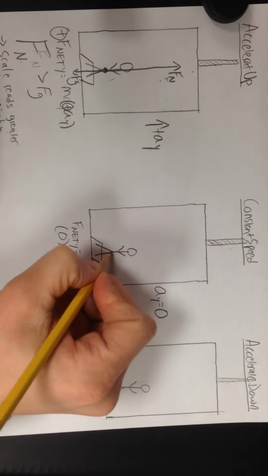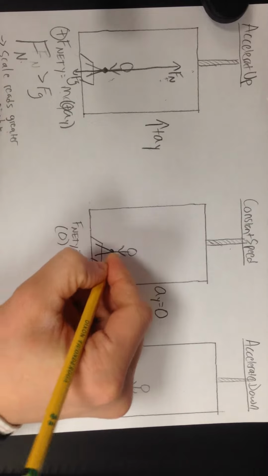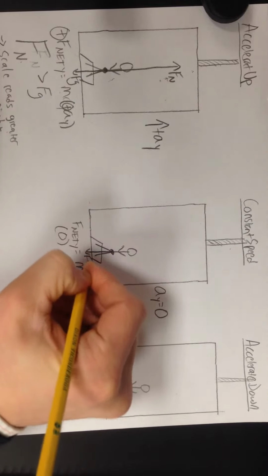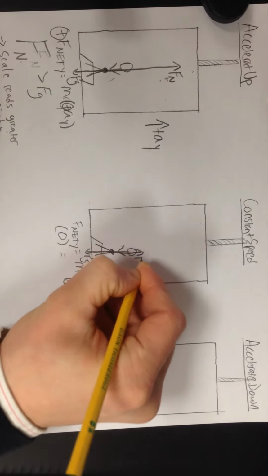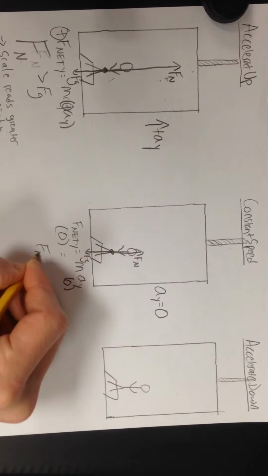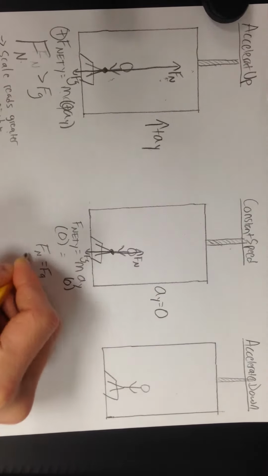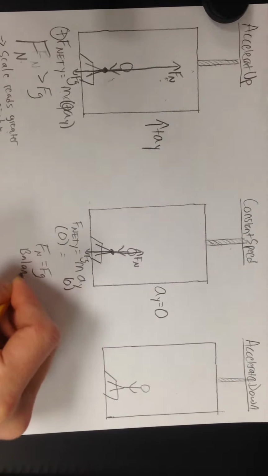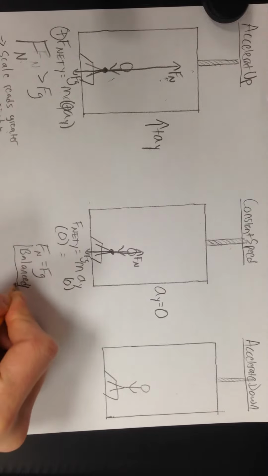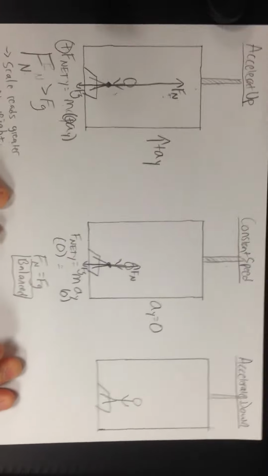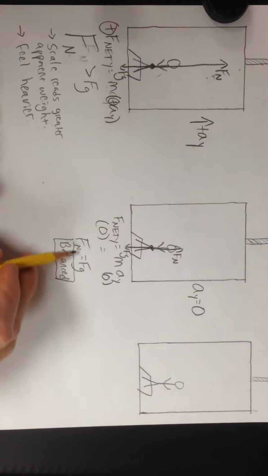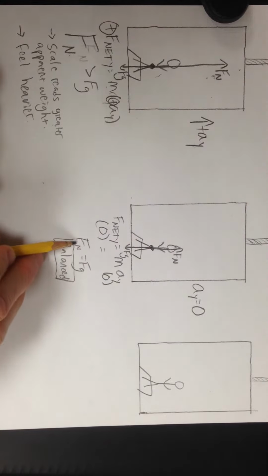So that means when our net force is 0, there's no leftover between Fg and Fn. So in that case, nobody's greater. They're balanced, Fn and Fg. So most of the ride, your apparent weight at the scale reads is equal to your real weight.